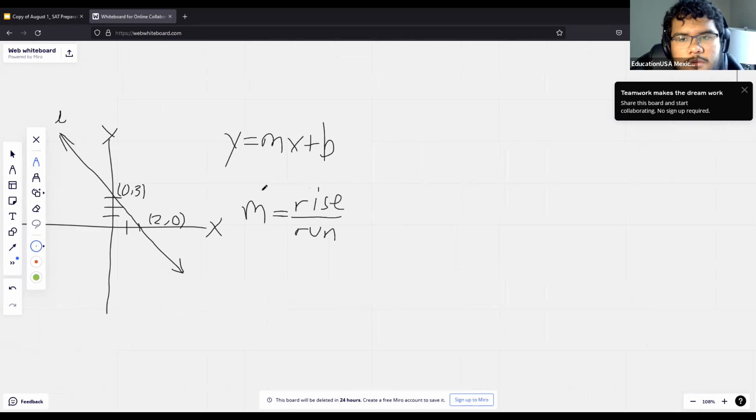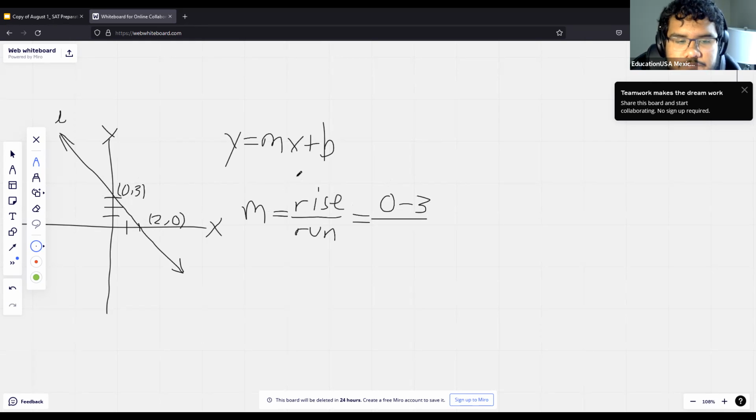So how can we make use of this? We have to take the y coordinate of the second point in the line and subtract from it the y coordinate of the first one. So we have the first point and the second point, and we're asking for the change in value from there. In the second point, the y coordinate is 0, and we subtract the y coordinate of the first point, which is 3.